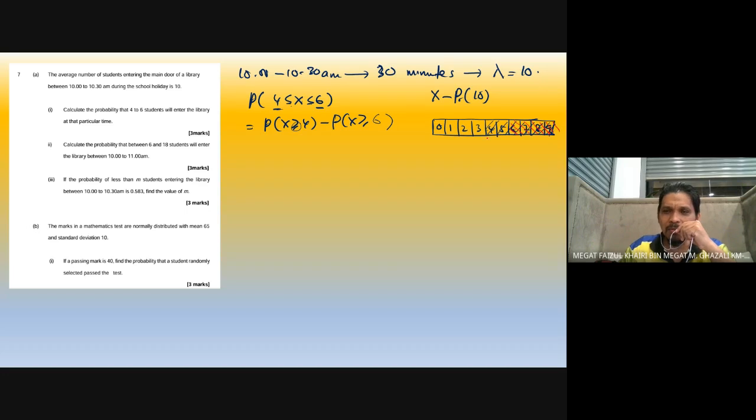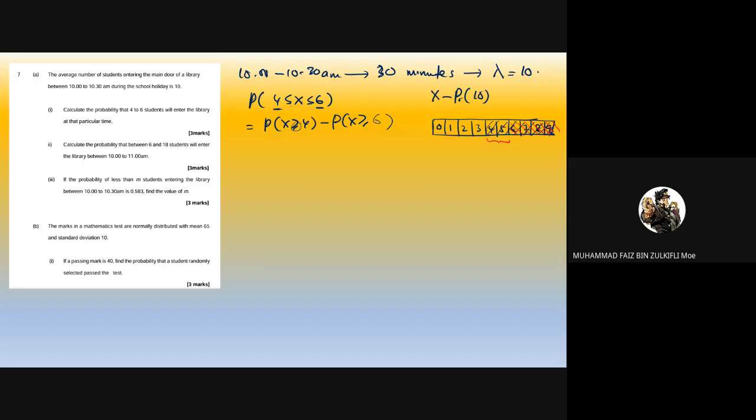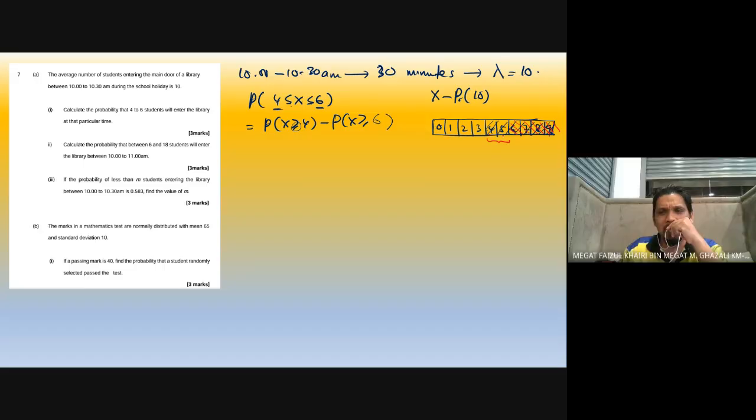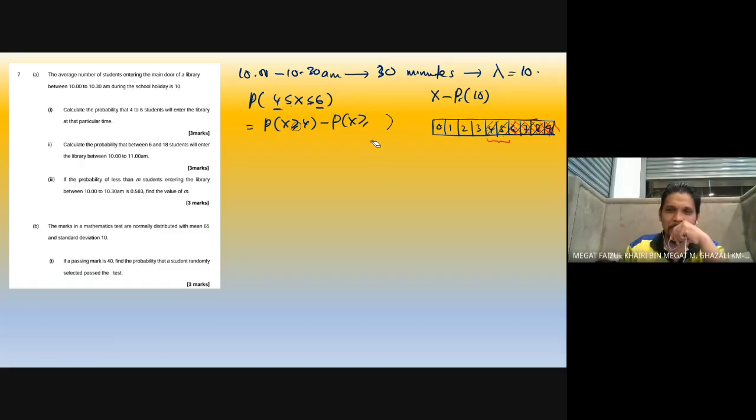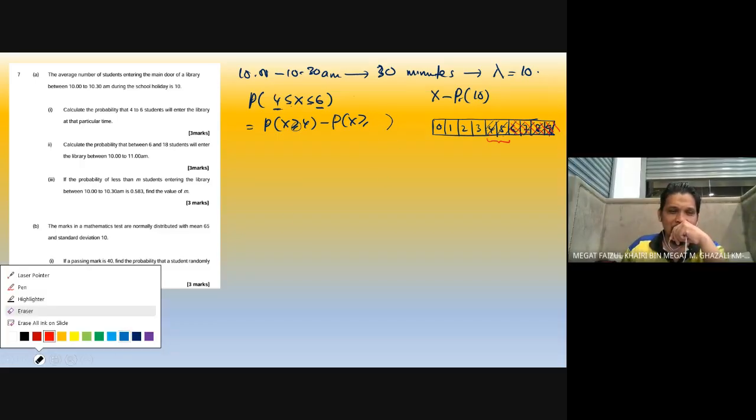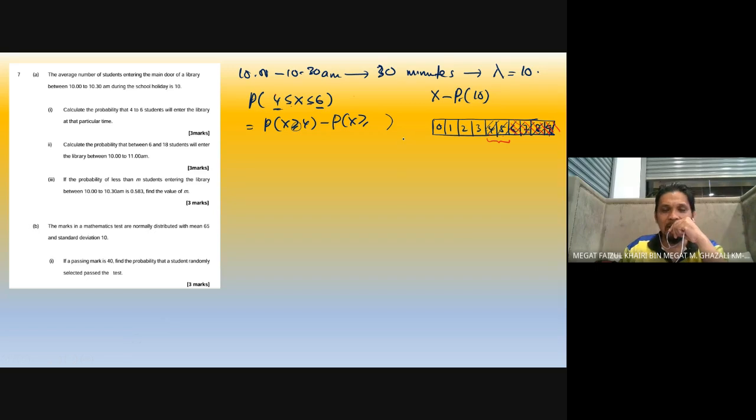So what's left here now? Class 4 and 5. But we want 4 until 6, including 6: 4, 5, and 6. Which means it's supposedly x greater than or equal to 7. That's it. So be careful with this because for discrete, every single sign matters.